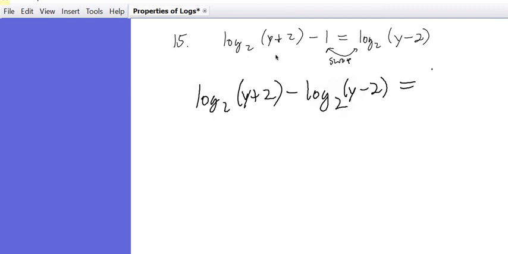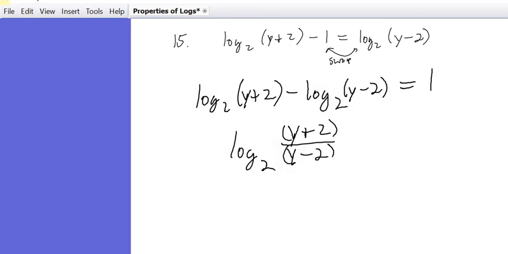I just swap them and change the signs, right? Now that I've got the log base 2's on the left, with the subtraction, that tells me it's going to be a quotient, right? So what is the quotient? It's going to be log base 2 of y plus 2 over y minus 2.